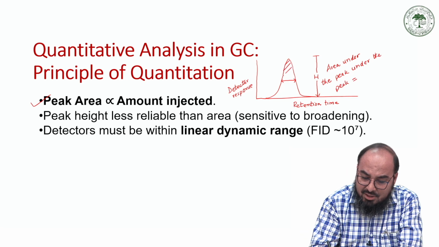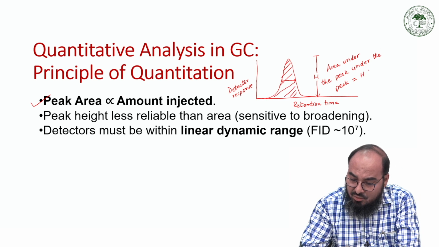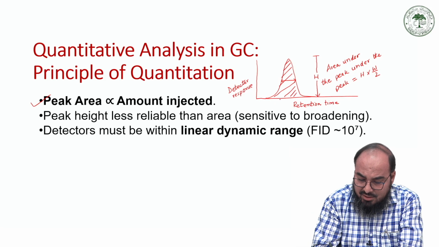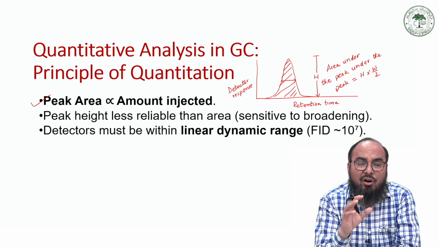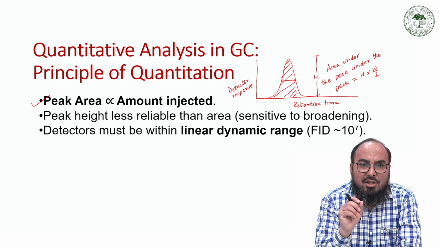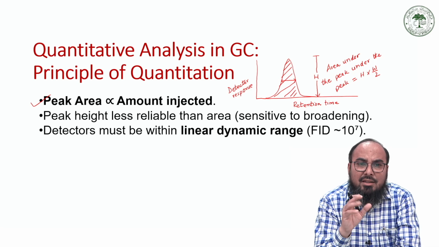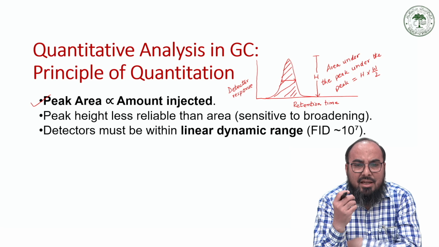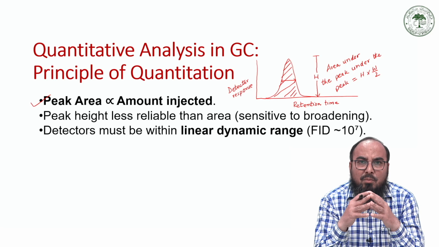We are talking about this area. So this area is given by h into the half width, that is W/2, half of the peak width. So this is how we calculate the area, and this area is sensitive with regard to band broadening.